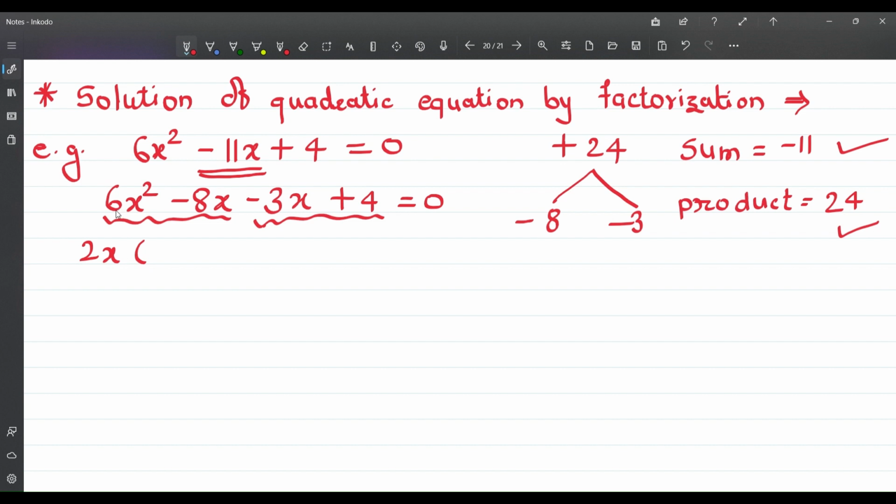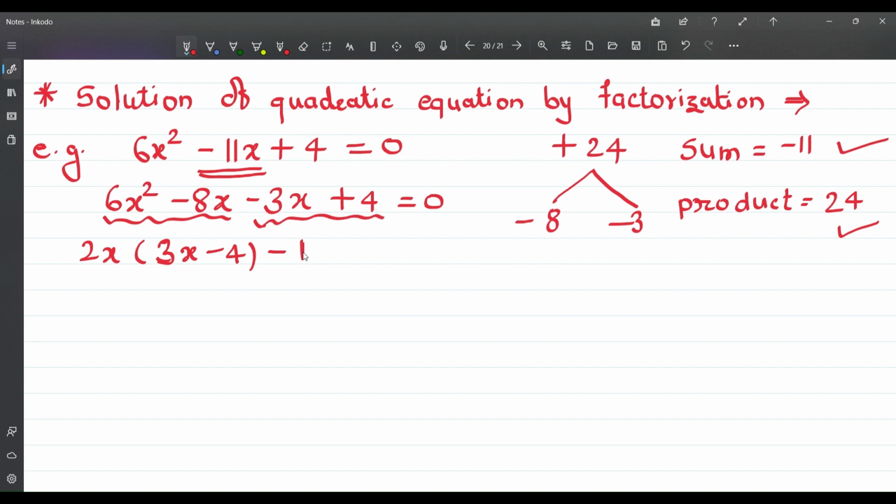Now, if 2x is common, then 3x is the remaining term, minus 4. Now you can see there is no common number between these two terms.